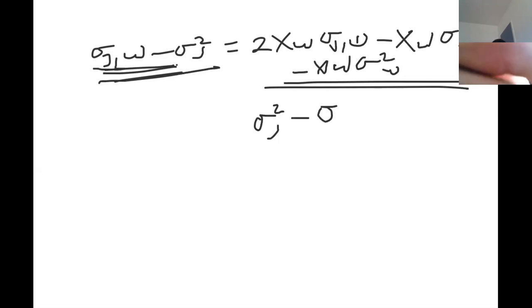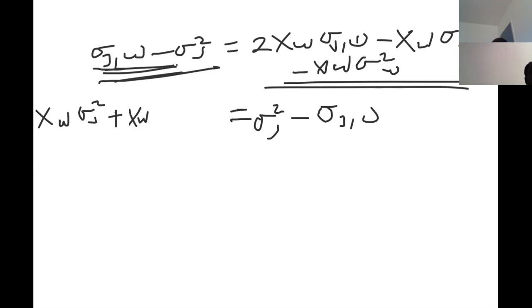So I'll bring my equals to here. Now let me also send these ones here. So I'm going to have XW variance of J plus XW variance of W minus 2XW covariance between J and W, right?